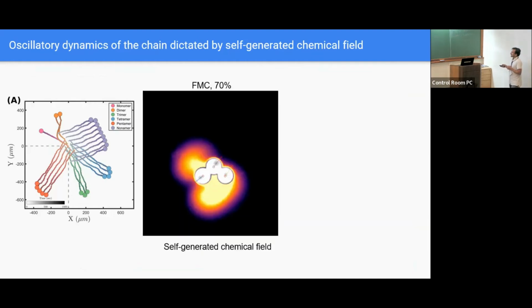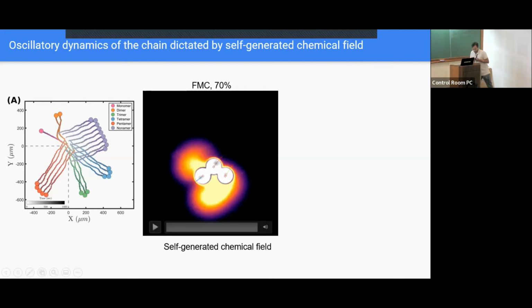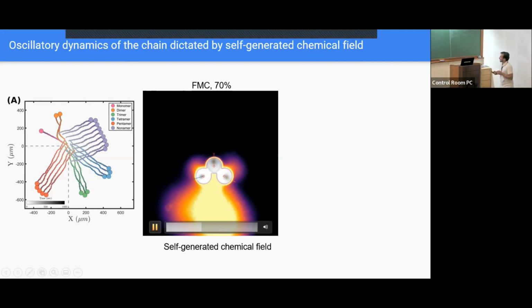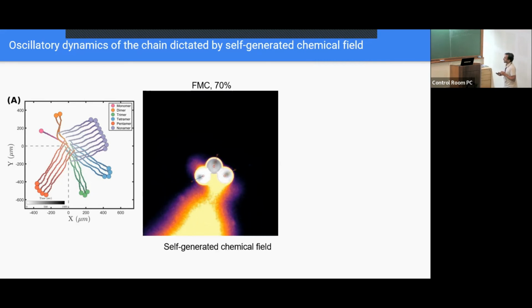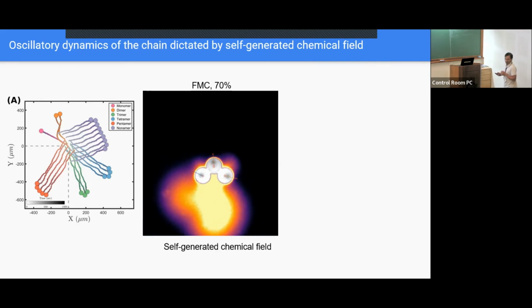This is the time dependent behavior of the chemical field in case of these linear chains. There are oscillations which are generated due to the interaction of these linear assemblies with their own chemical field.